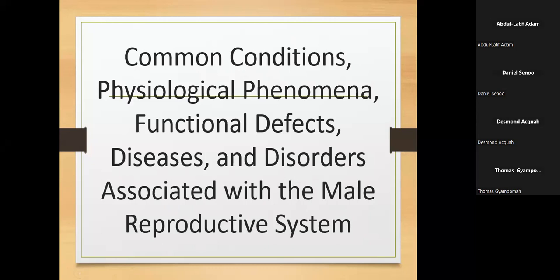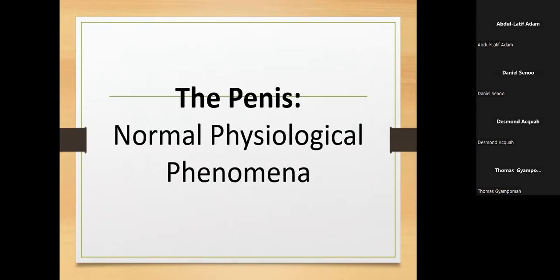All right, so we're moving on. You're going to look at the common conditions, like I said, and then we're going to take them one by one. Our first organ to consider is the penis. We're going to look at the normal physiological phenomena, some of the things that are normal with the penis.